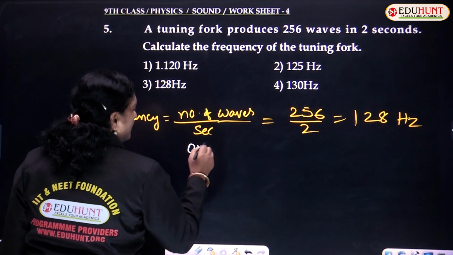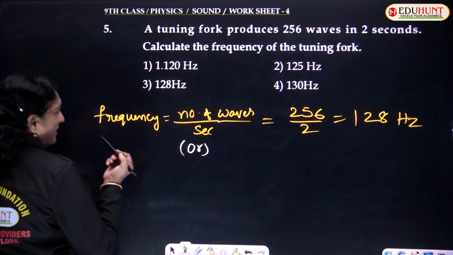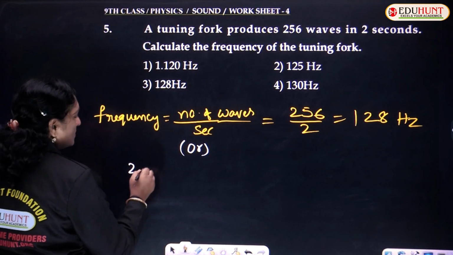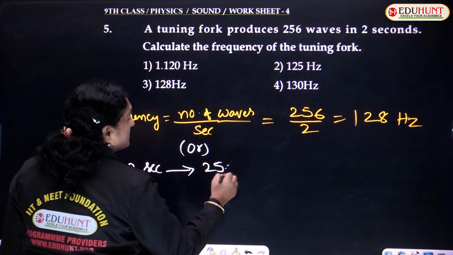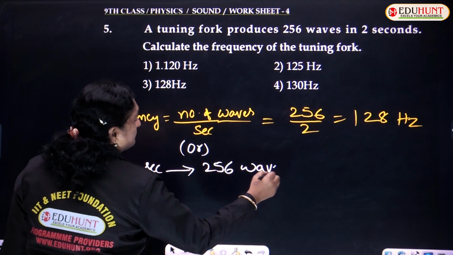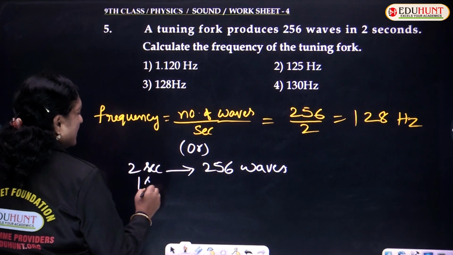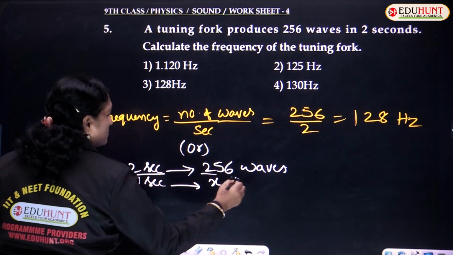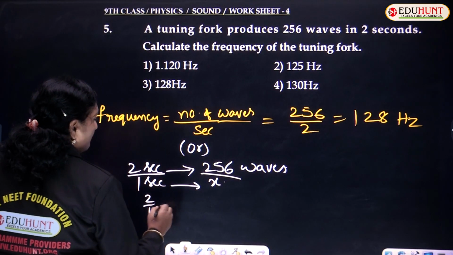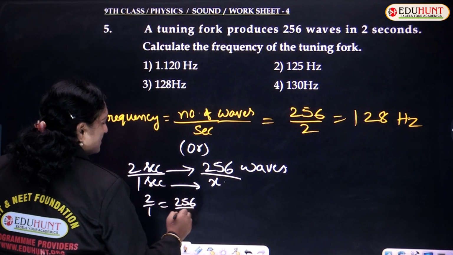This can also be solved in another way, children. In 2 seconds it produces 256 waves. In 1 second, how many waves are produced? So let us divide these two equations. So 2 by 1 is equal to 256 by x.